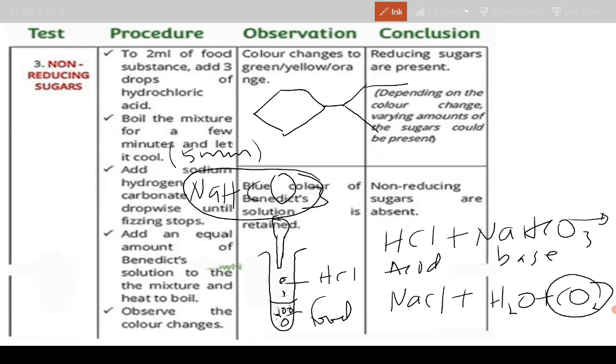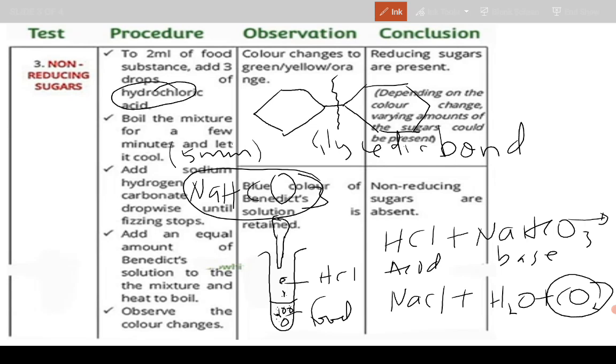This is a disaccharide, the common sugar. When you add the HCl, it is going to attack this bond, the glycosidic bond. So the bond will be broken. That's why you have to add the HCl.